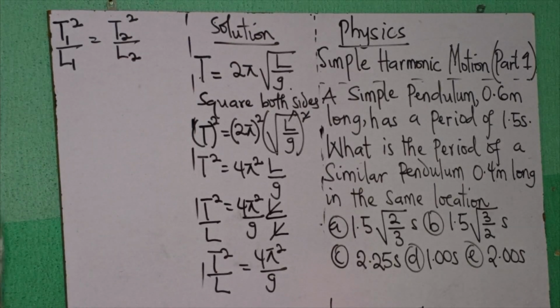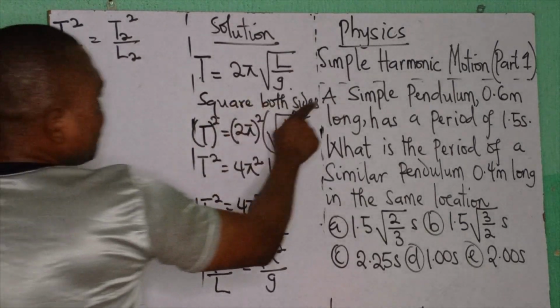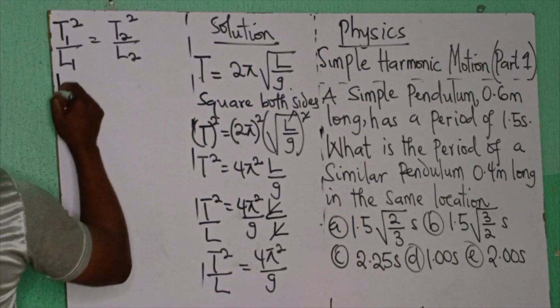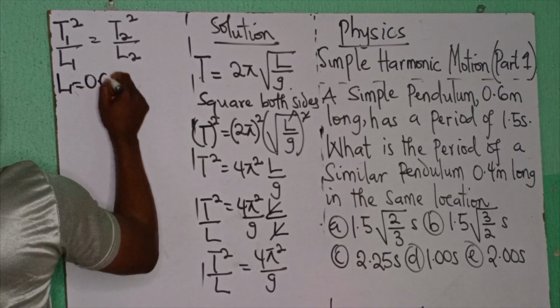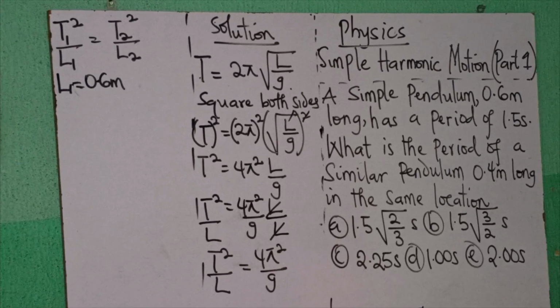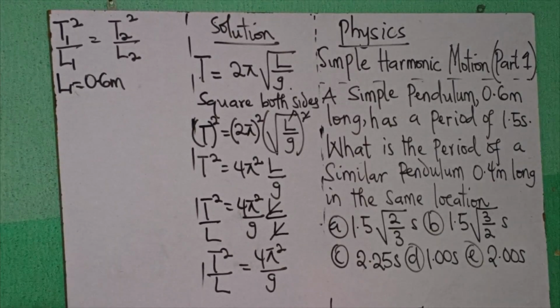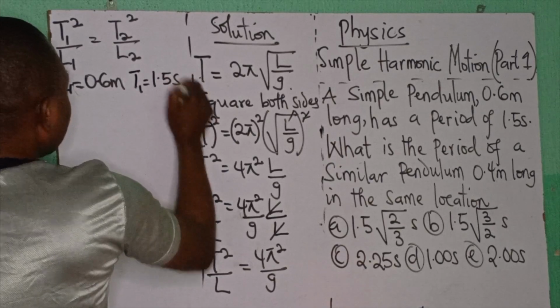All right. Now, let us bring out the parameters. They said a simple pendulum 0.6 meter long. Of course, that means my first length L1 is equal to 0.6 meter. It has a period of 1.5 seconds, so my T1 equals 1.5 seconds.